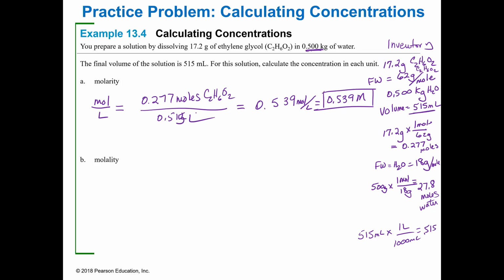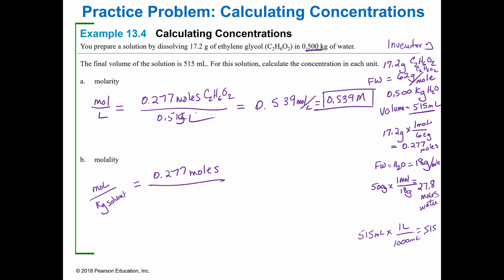The next one is molality, and molality is moles of solute per kilogram of solvent. So I look over and I've got, again, the same number of moles, 0.277 moles. And then it's per kilogram of solvent.